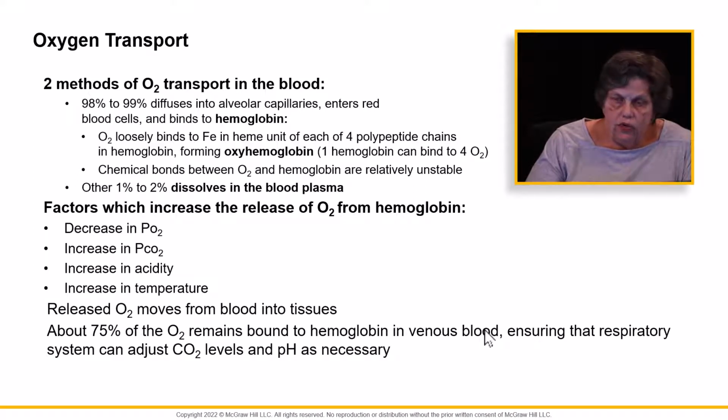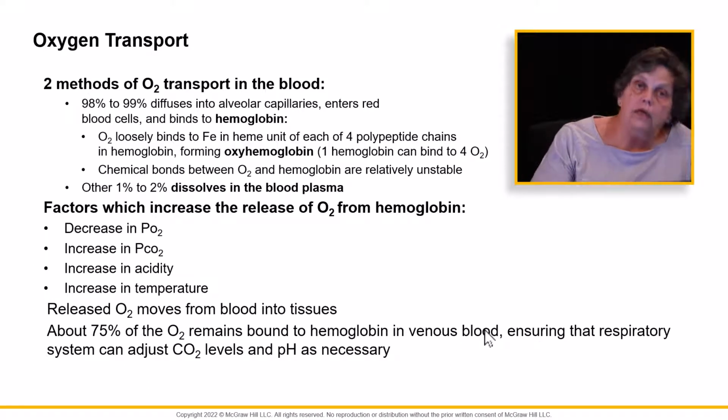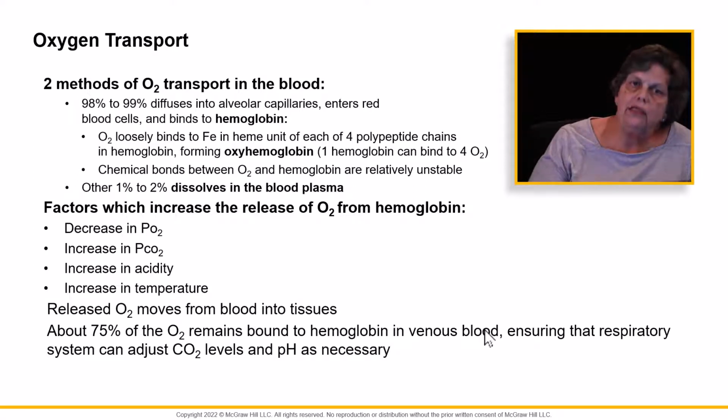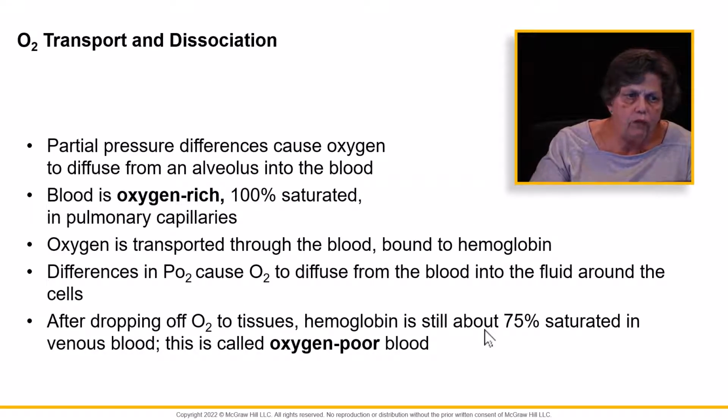If you have an increase in temperature, that means increase in metabolism rate, which means you need O2 to do the metabolism. We do aerobic metabolism. So if you have an increase in temperature, you're increasing your metabolism rate, which means you need the oxygen to do that. Okay? All right.